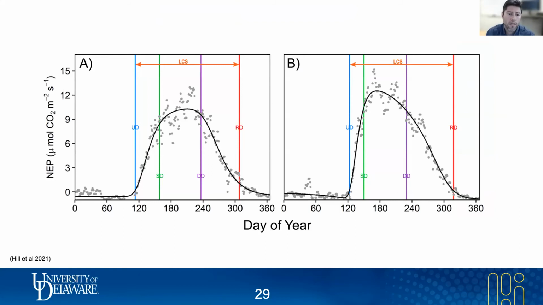So we can also compare some benchmarks for the measurements of net ecosystem exchange, or at the ecosystem scale, where we have how much carbon is being taken up, when carbon uptake starts, and when there is senescence.